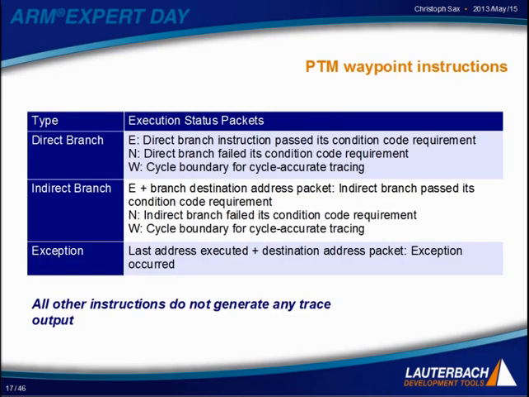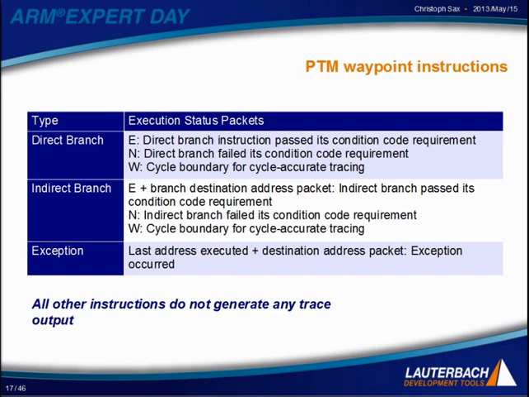Let's have a closer look at the waypoint instructions. Basically, we have three types. Waypoint instructions are direct branches, indirect branches, and exceptions. What they have in common is that they result in a change of the control flow of the program.